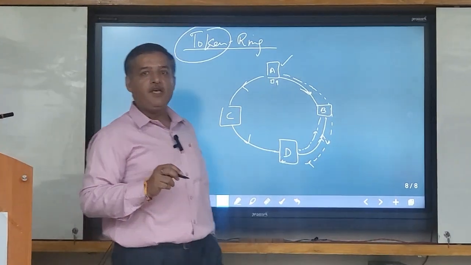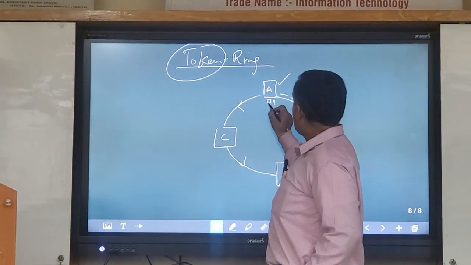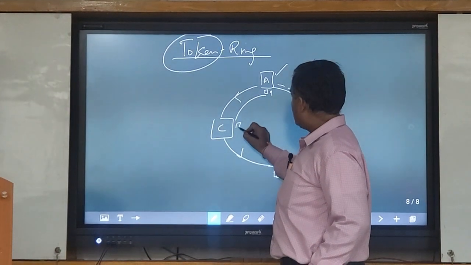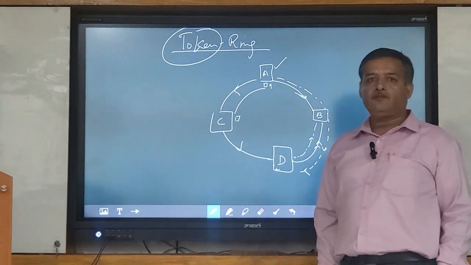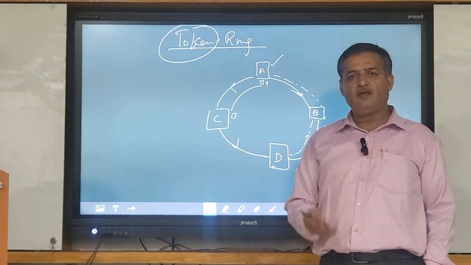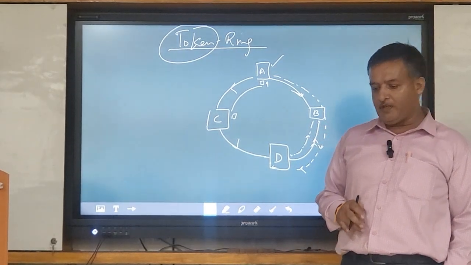When he is not interested to transmit the data, the token will pass automatically to another computer and wait for 2 seconds, 3 seconds. Again, I have already told you that it is a customized type of time being set over there.